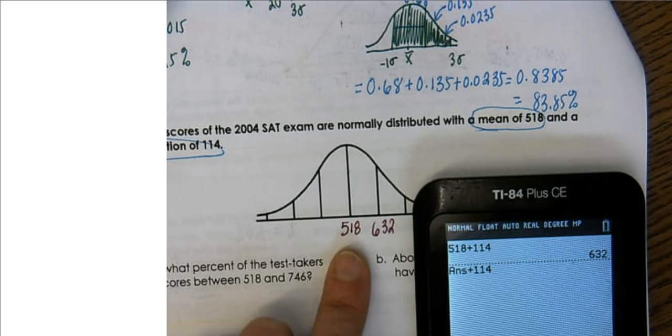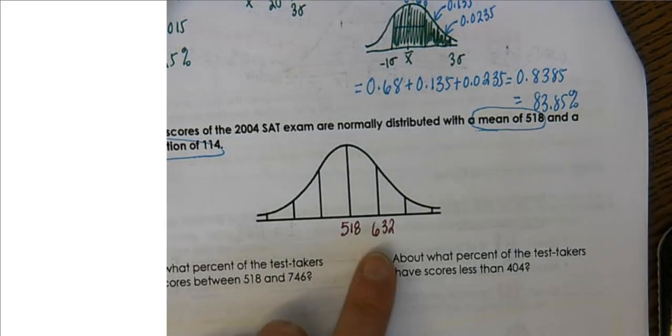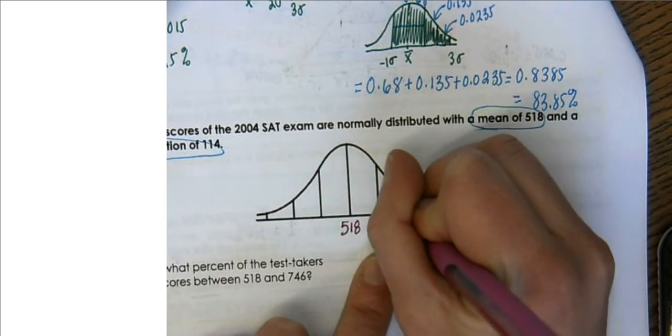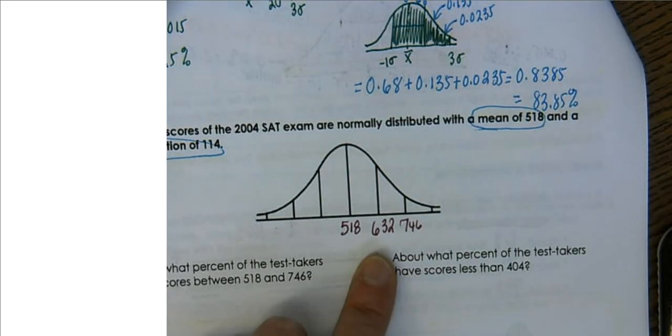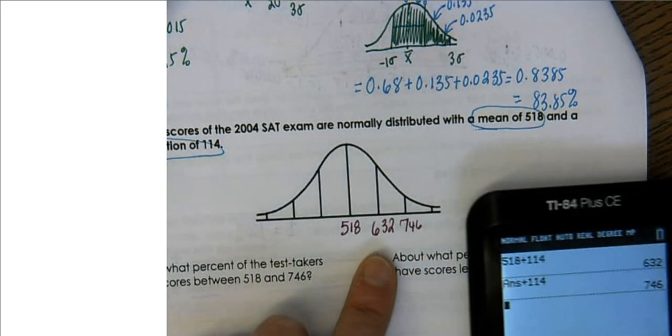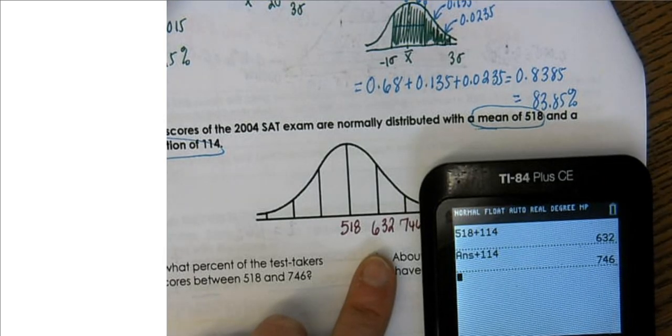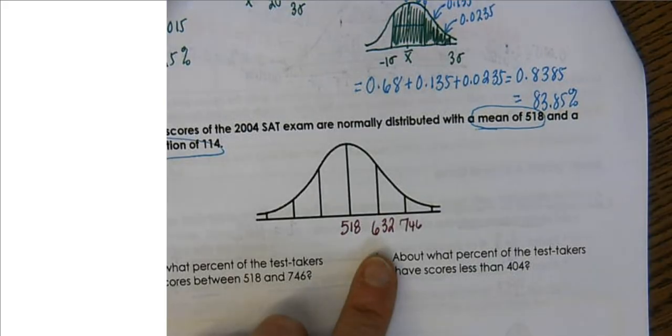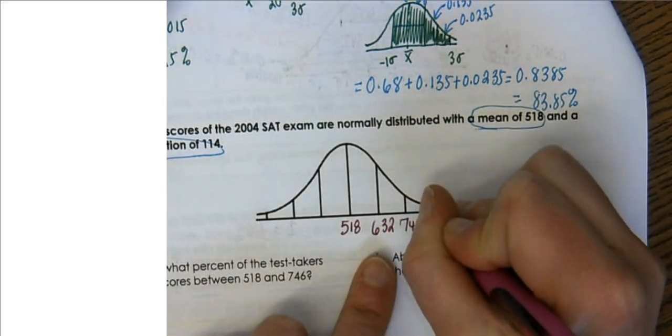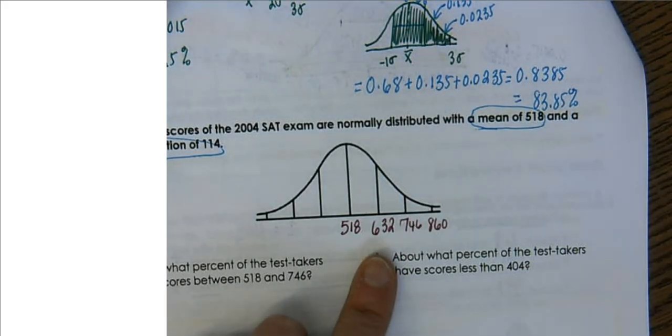So that is two standard deviations above the mean. So that is 746. So if you have a score of 746, that is two standard deviations above the mean. Then I'm going to take that number and add another 114 and we get 860. So a score of 860 is three standard deviations above the mean.